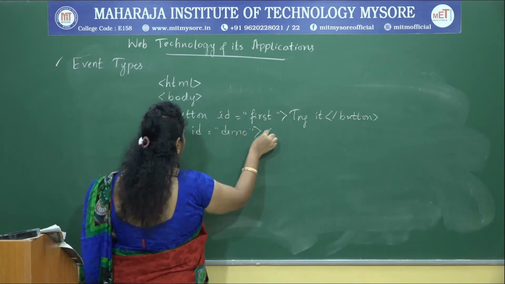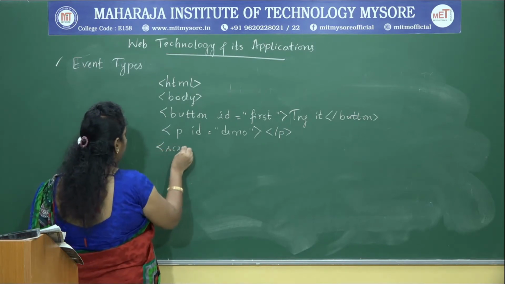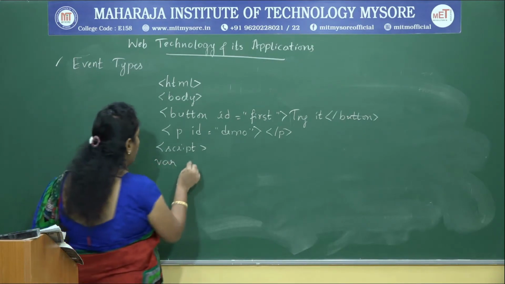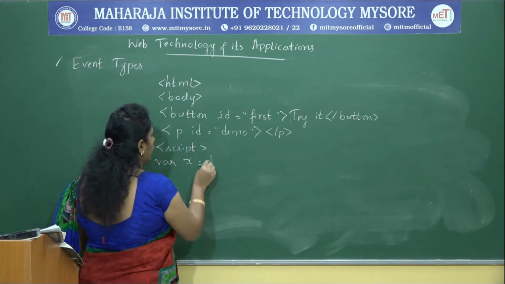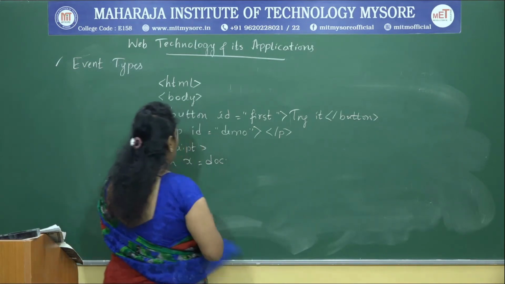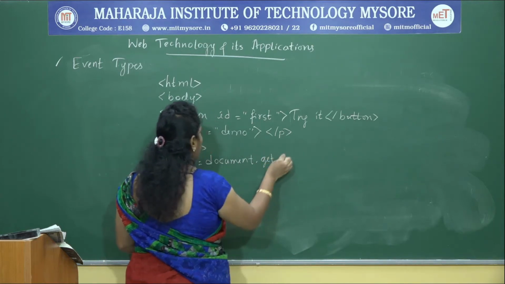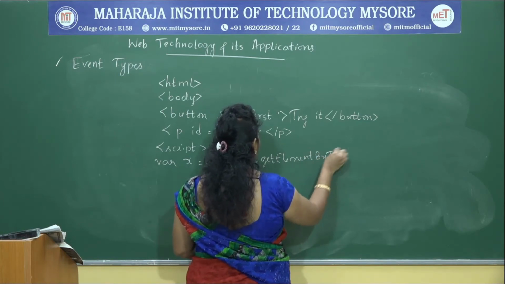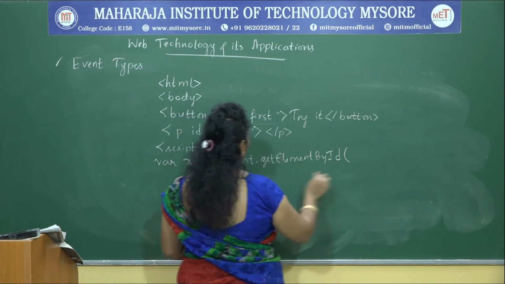It has no content. Finally close this P. Next, open the script. There let us take one variable, X equals, call the method getElementById. How do you call it? document.getElementById, and pass the ID as first.